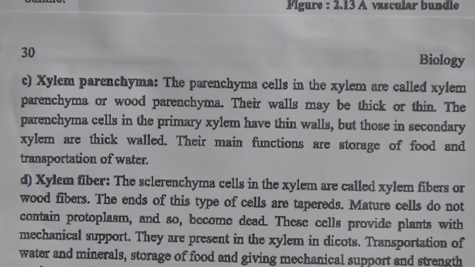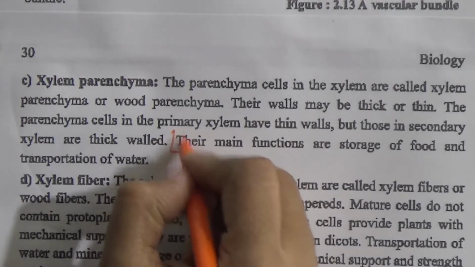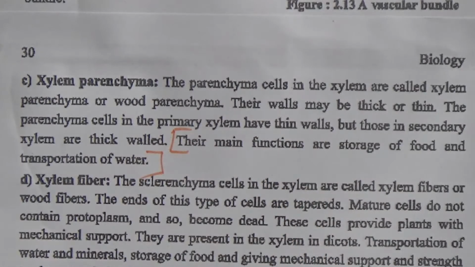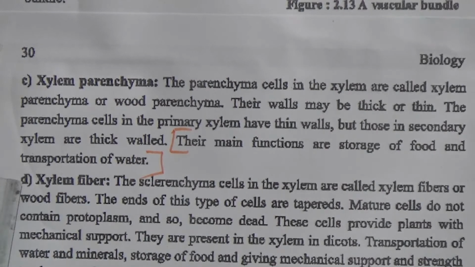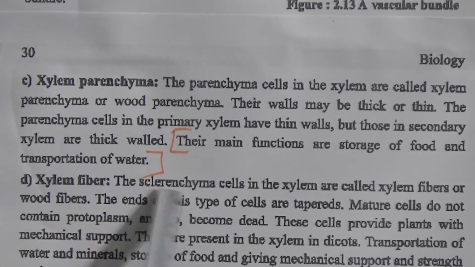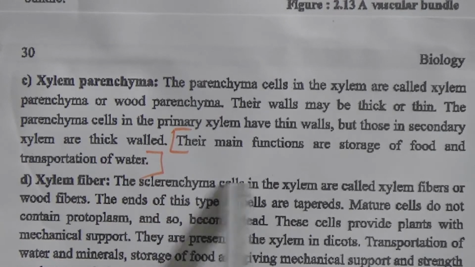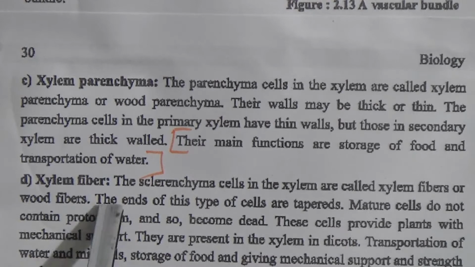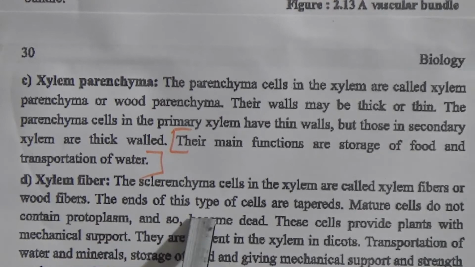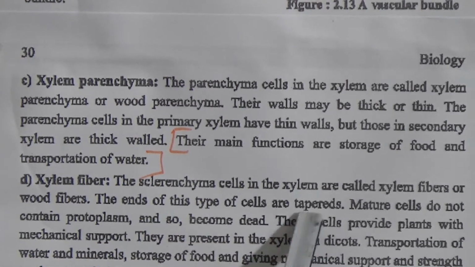Their main function is storage of food and transport of water. Now come to xylem fiber. The sclerenchyma cells in xylem are called xylem fiber or wood fiber. The ends of these types of cells are tapered.